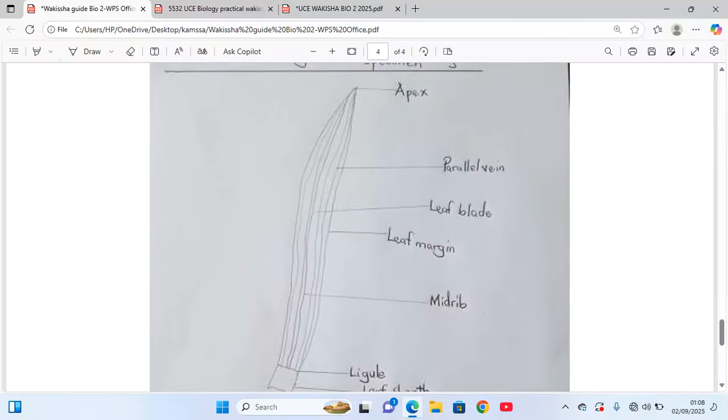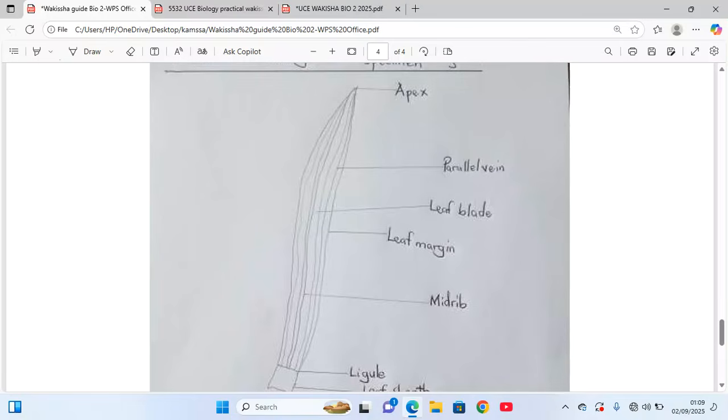We have here leaf apex, which is the upper point, that narrow point of the leaf. We have the parallel vein. This parallel vein is running down from this ligule to the apex. We have the midrib, that main vein that moves from down here to the leaf sheath and moves upwards.